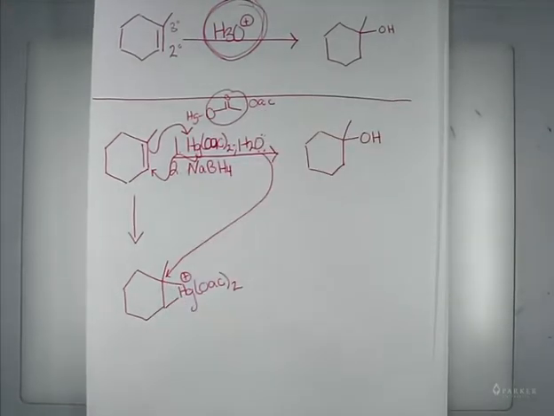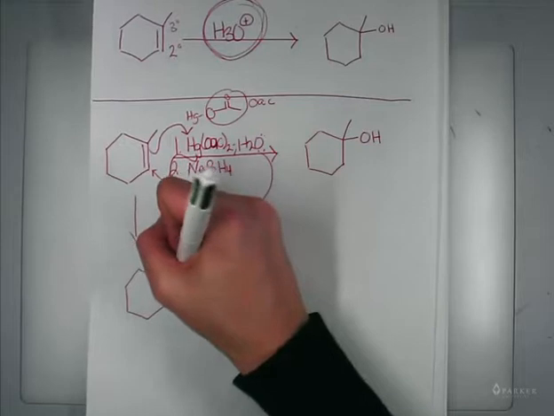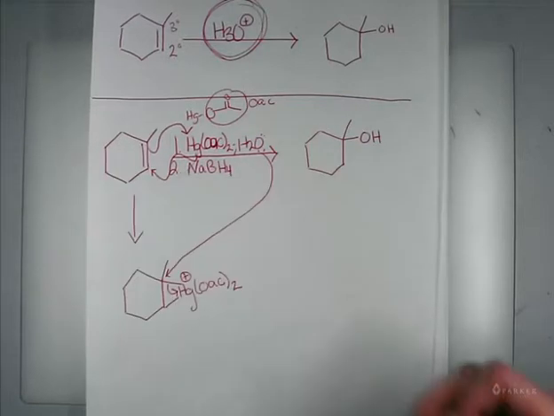And look at this carbon. How many bonds does it have already? 4. So can I just do that? No. What happens is one of the bonds to mercury breaks.